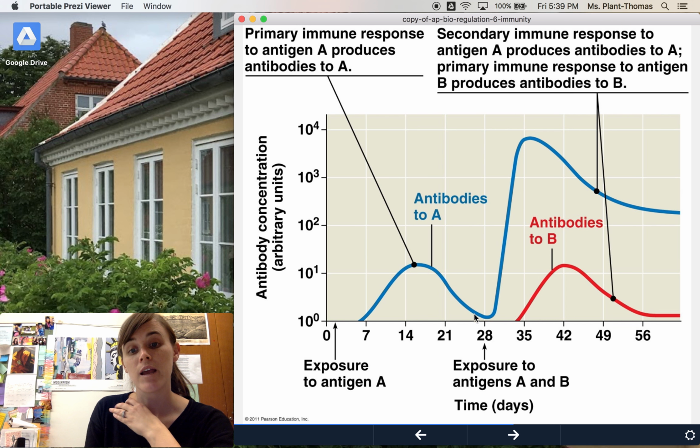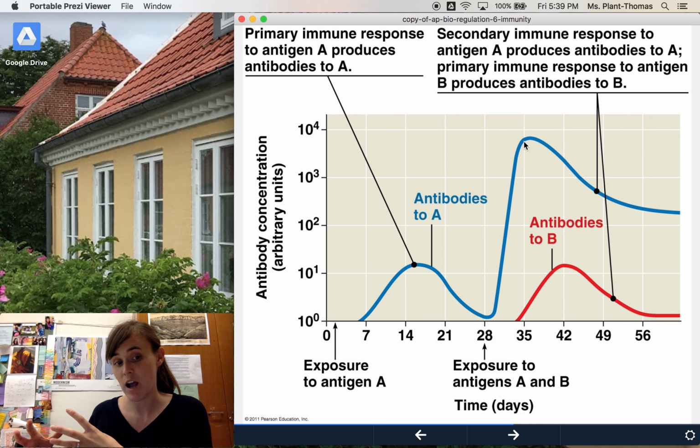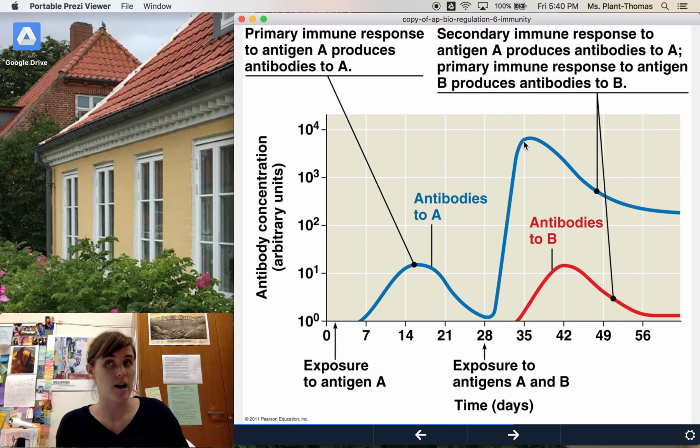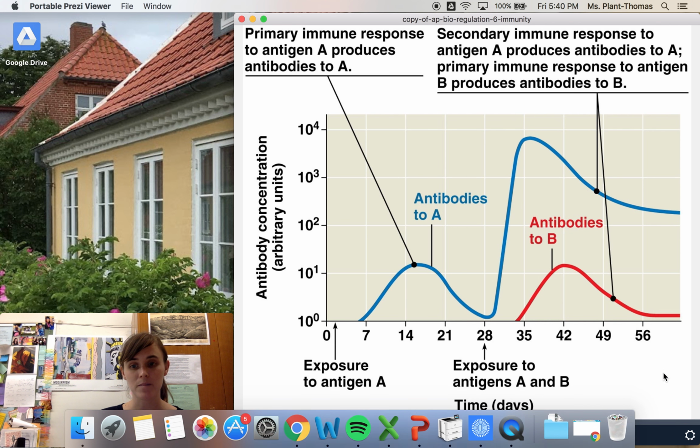And because the antibodies for cowpox worked just fine for smallpox, when the body produced a massive amount of the antibodies to cowpox in response to getting smallpox, the person was fine and didn't get sick. So that's how vaccines work.